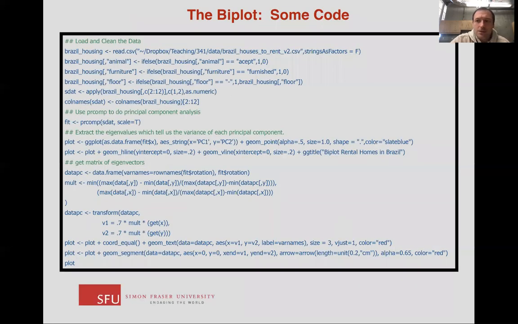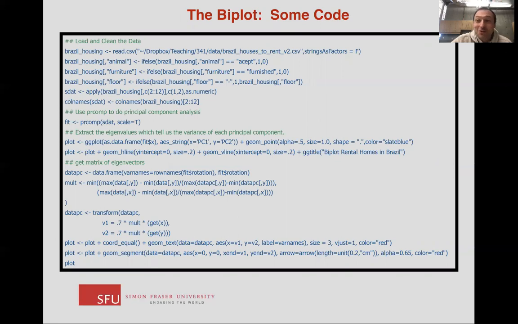All right, so here's some code to do this. So I'm loading in my housing data. I'm then doing some cleaning of the data. And so in this data set, the column animal had accept or not accept, with accept taking a very interesting spelling.